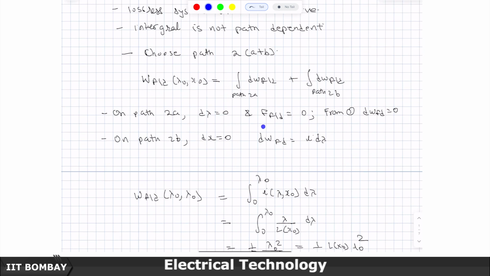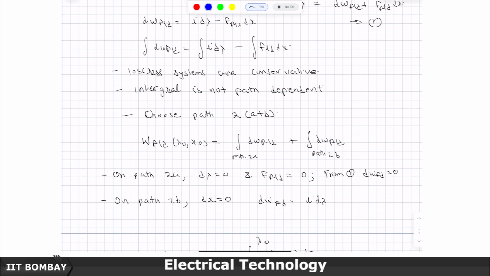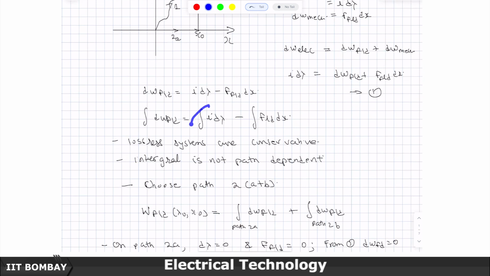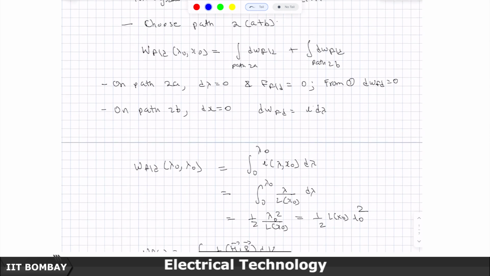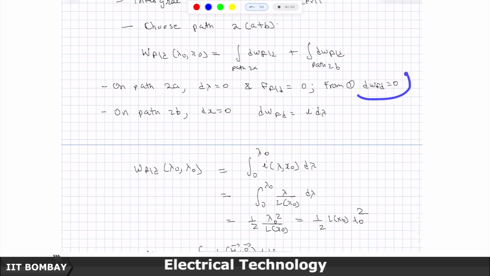Therefore, the field force F_fld is also 0, and what we see is that this component is also 0, both these components are 0, and therefore dW field, the increase in the stored field energy in this direction, is 0.